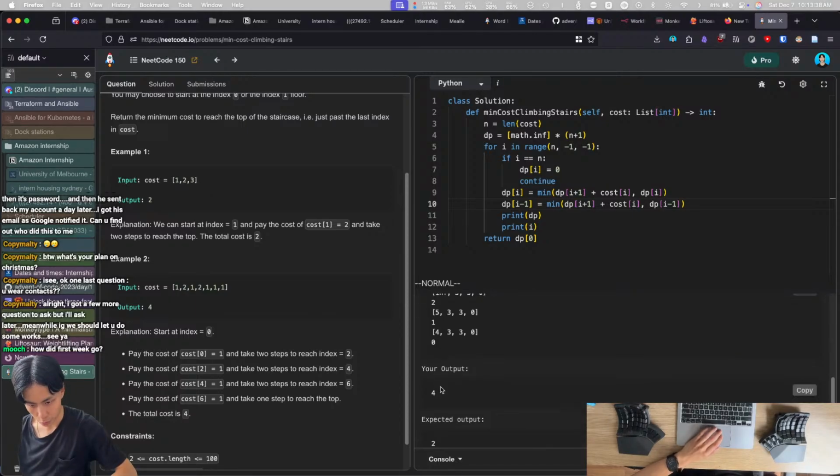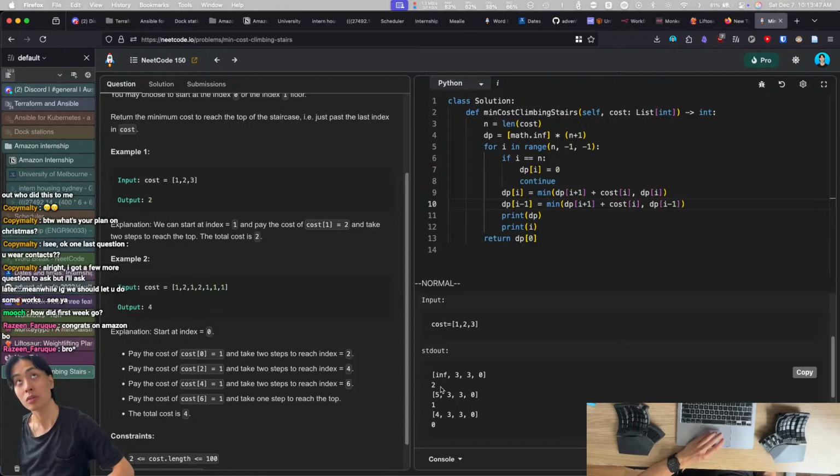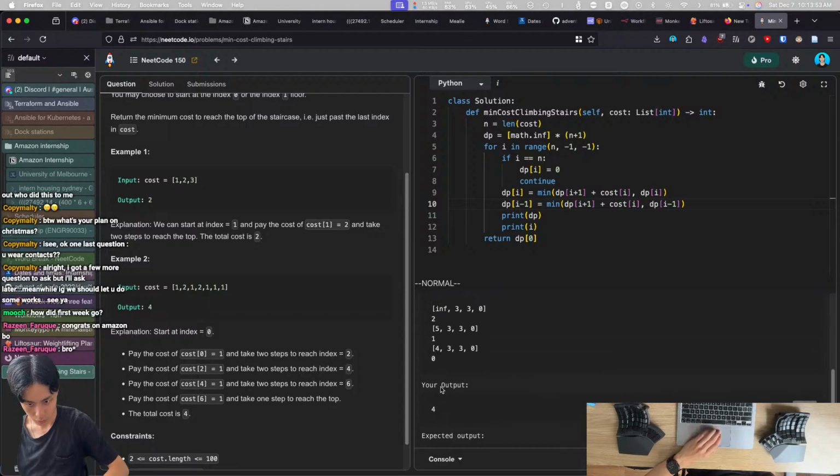Wait, so my output was 4 when you expect 2. Wait, why do you expect 2? 1. Oh, right. So there seems to be a step skipped.